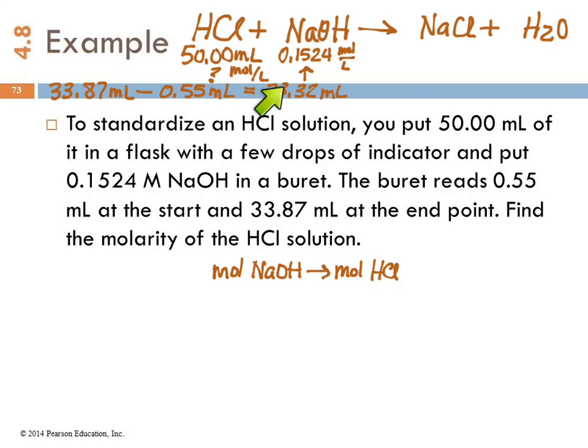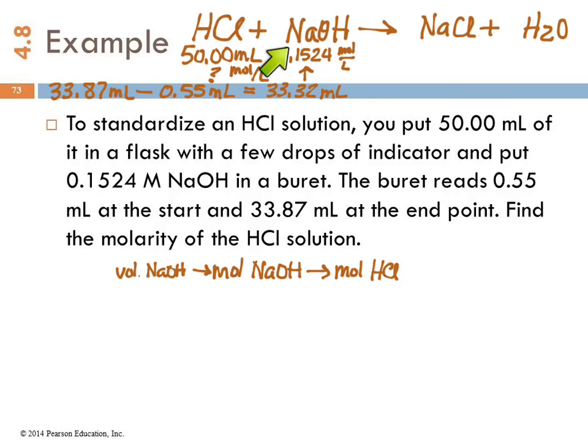We are given the volume of sodium hydroxide and the concentration. Which one of those would be our starting number? The volume, right? So we're going to have a volume of NaOH, and then using the concentration, we can figure out how many moles of NaOH.